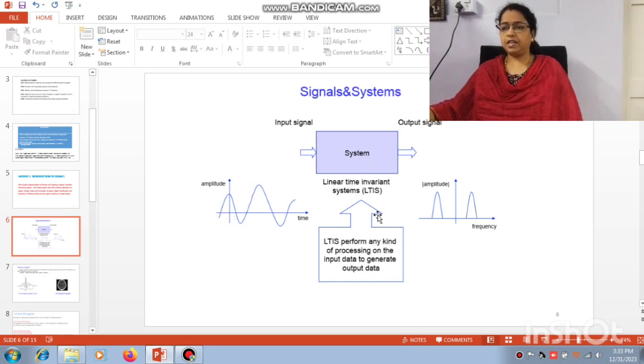But this system gives an output which is a frequency domain version of the signal, that means the x-axis is frequency, y-axis is amplitude. So the system has converted the time domain signal into its frequency domain signal. That is why the LTI system may perform any kind of processing operation. In this case the operation is the conversion from time domain into frequency domain.